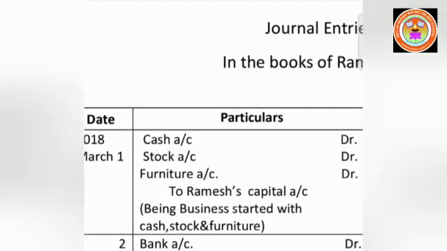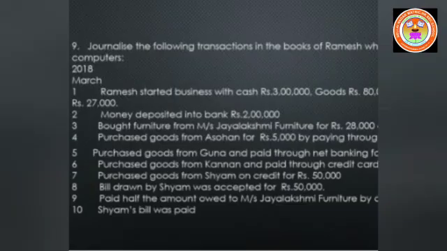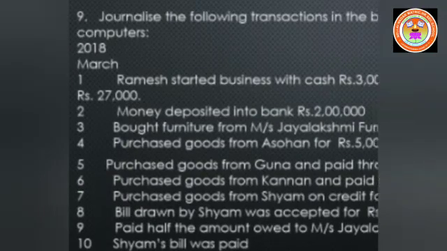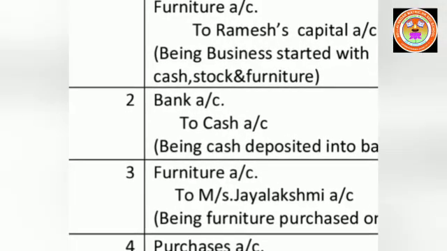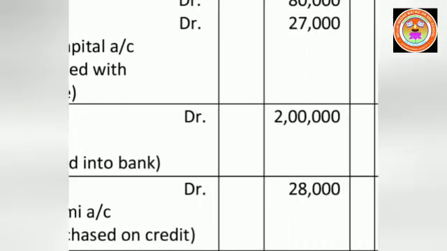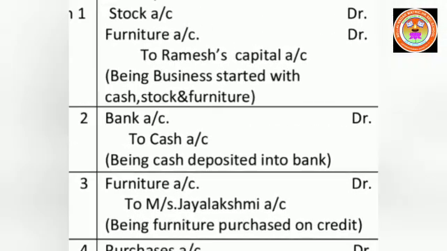Do you understand, children? Our next transaction is on March 2. Money deposited into bank 2 lakhs. Whose money? Owner's money deposited into his own account 2 lakhs. On 1st March, Ramesh brought rupees 3 lakhs as his capital, isn't it?